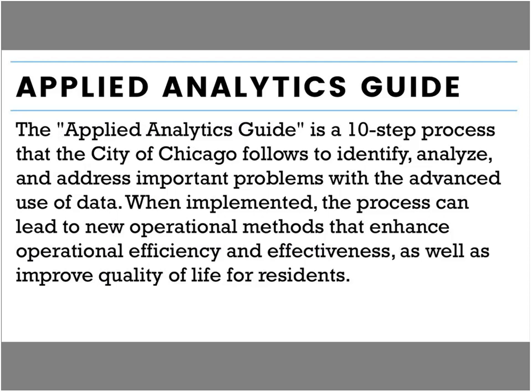So the Applied Analytics Guide is a 10-step process that we use to identify, analyze and address important problems. Again, we think it's useful as a guide to improve operational efficiency, improve effectiveness, and improve quality of life of residents. It's something that helps us organize our team and also organize the clients that we work with so they have an expectation of what's coming next.